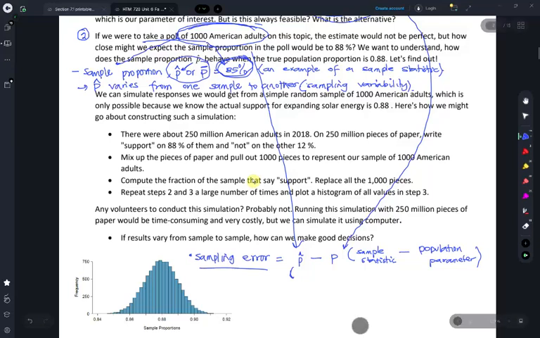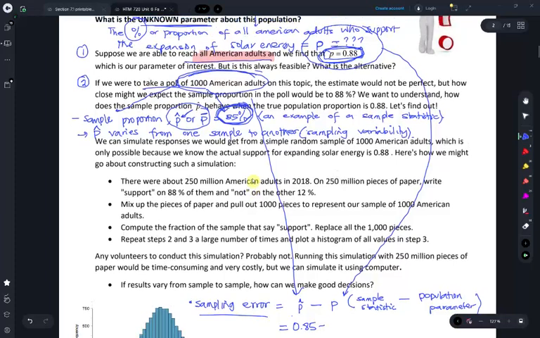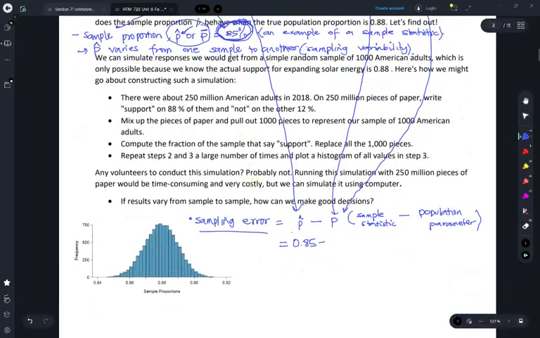In this context, if we wanted to speak in numerical values, if we got 85% from this sample, that is 0.85, minus what it is actually if we had all the resources in the world to access the entire population, that will give us negative 0.03. This is the sampling error for this particular sample statistic.